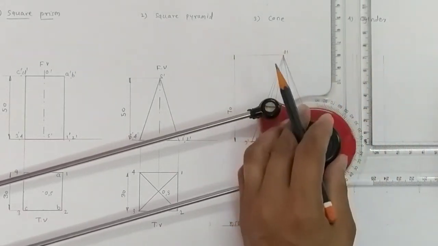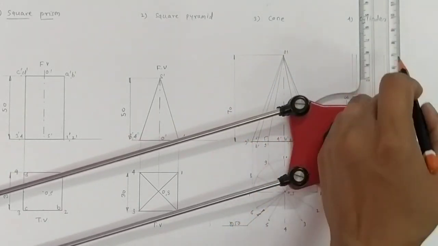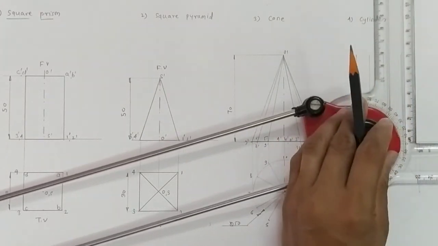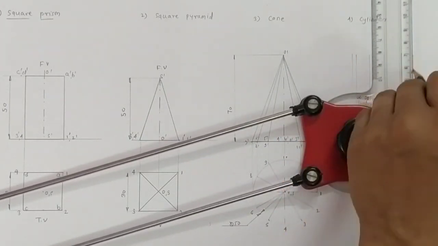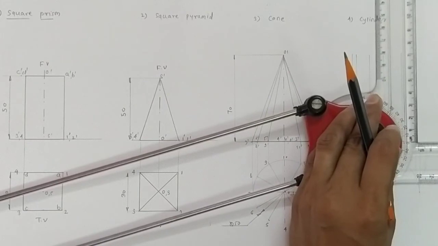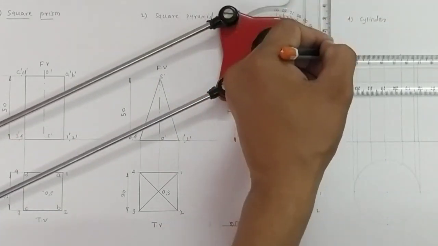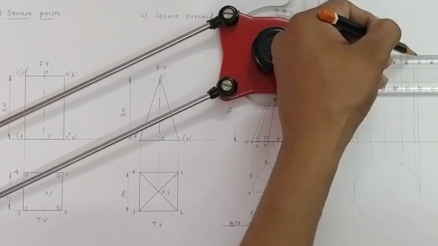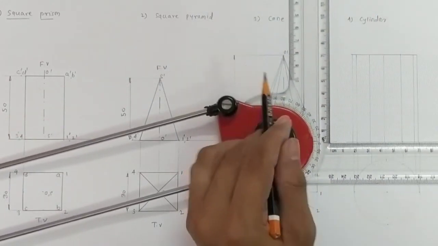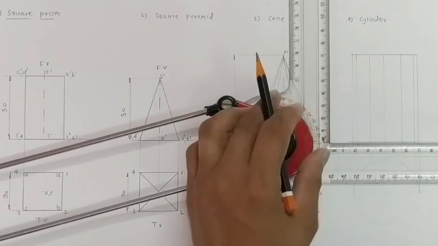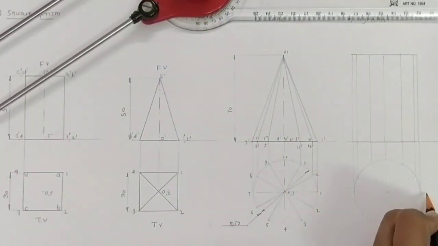So this is called a generator. Give the names and dimensions of the cylinder.